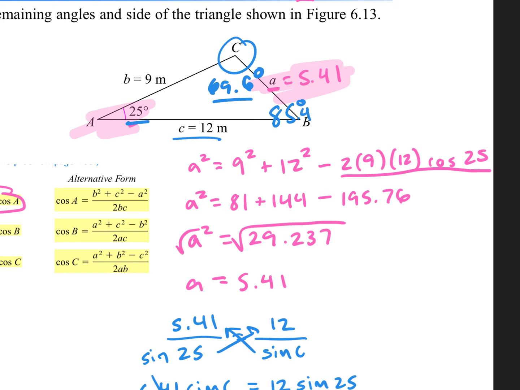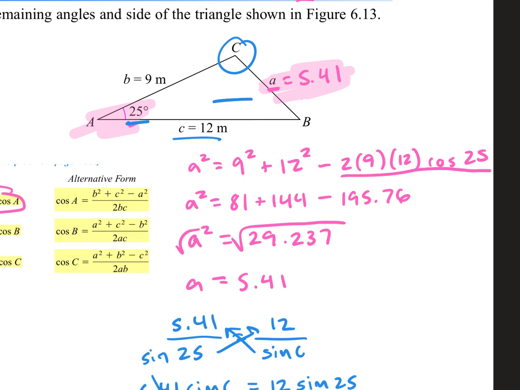What's my biggest angle here? 85. Is B my biggest side? No, so I did something wrong. So what I would do is then, instead of trying to find C first, I would find B first. So I know that my math went wrong somewhere because the pairs here, opposite side and angle, have to correspond.